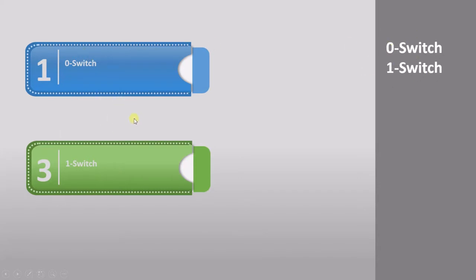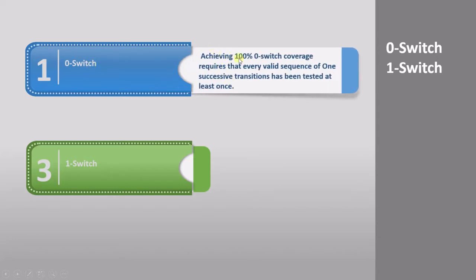When we say zero switch, that means achieving 100% zero switch coverage requires that every valid sequence of one successive transition has been tested at least once. Zero switch means one successive transition, only one transition, that you have to remember.